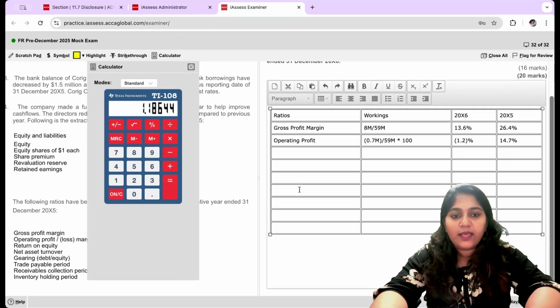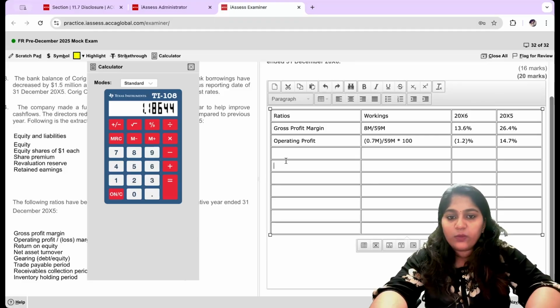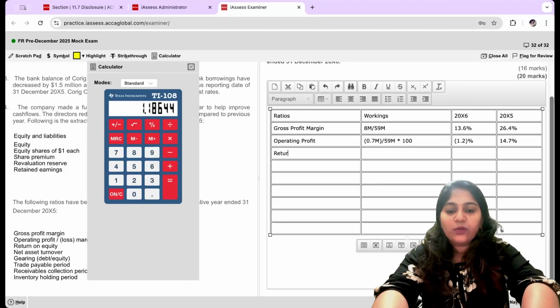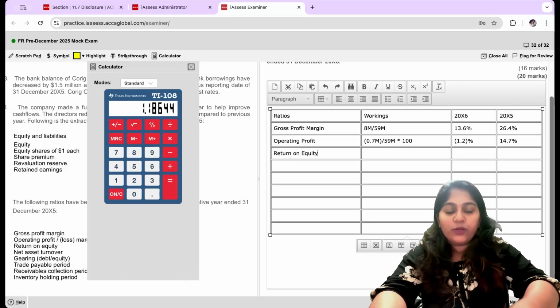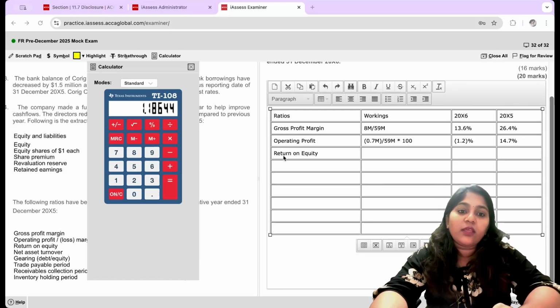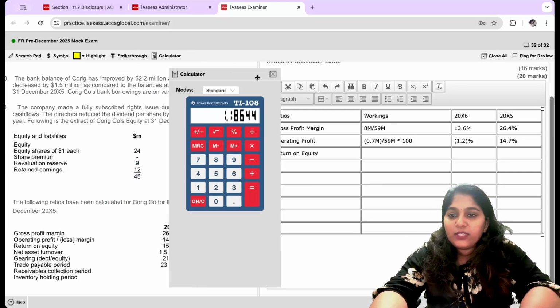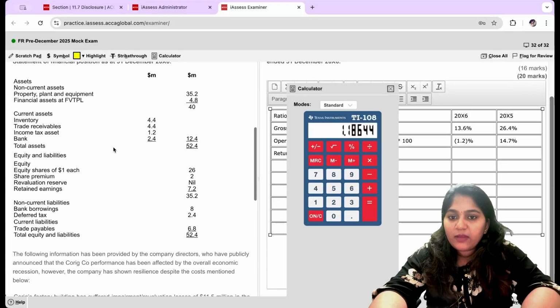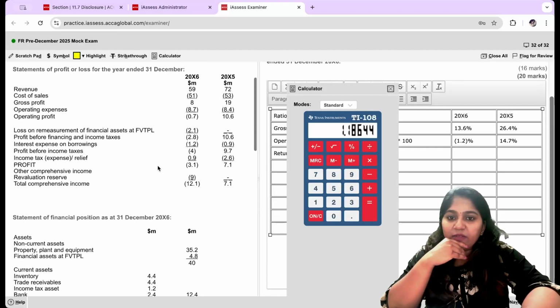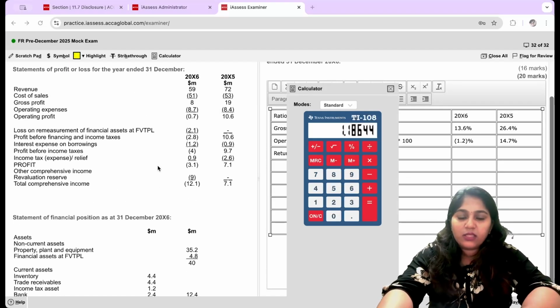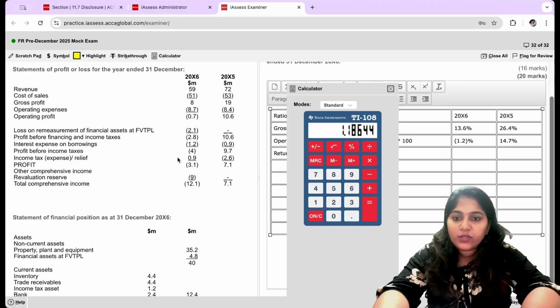Okay. Then what do I have, guys? The next thing that I have is return on equity. How do we calculate return on equity? What is the formula for return on equity? The return on equity will be calculated based on the equity value. Let's see what equity value we have. 35.2 is my total equity, and I will be taking the 3.1 million profit.